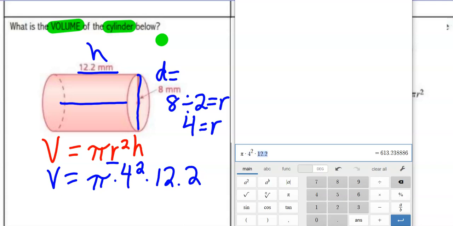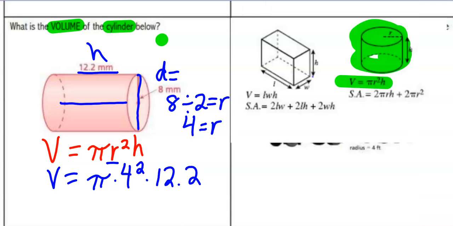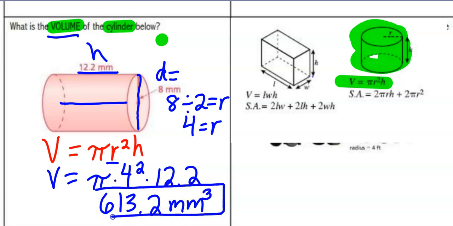I multiply them together, and I get 613.238886. I'm going to round this to the nearest tenth. So my answer is going to be 613 and 2/10 of a millimeter, and this is volume, so it's going to be three-dimensional. We're filling it.